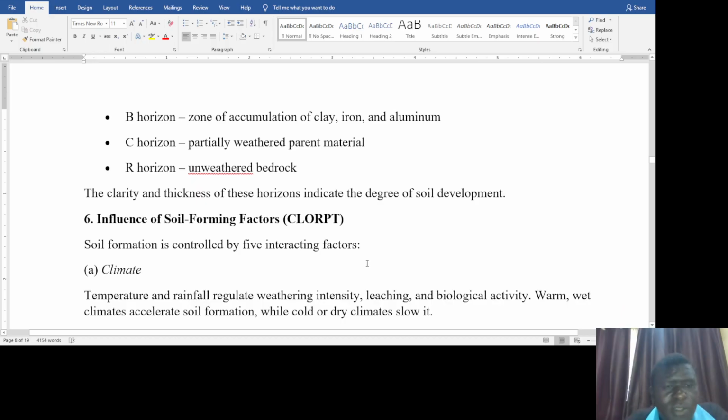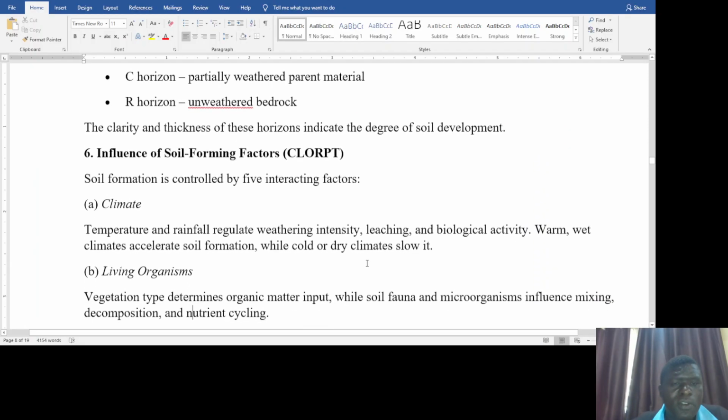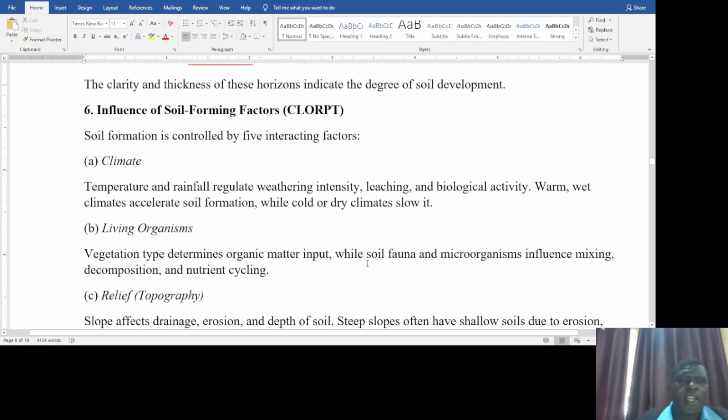Then next we're going to talk about those factors that influence soil formation. What are these factors that accelerate the soil formation process? The factors basically fall into 5 groups, and the first one is the climate.